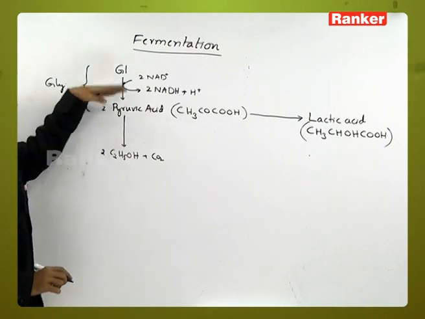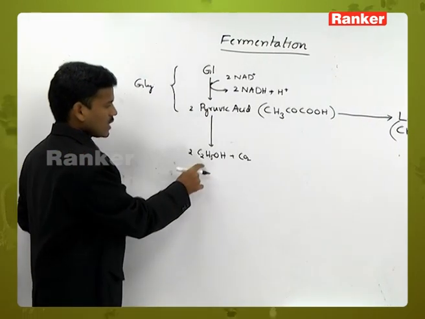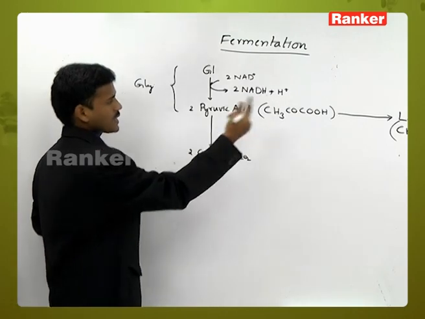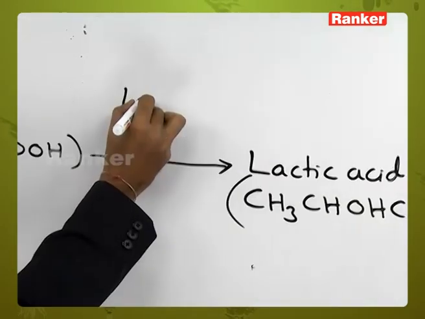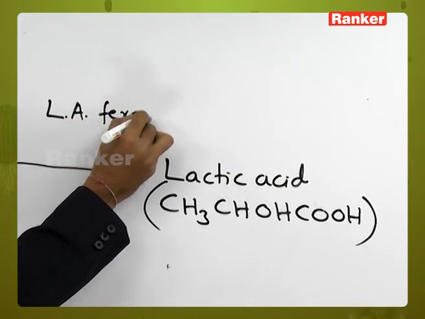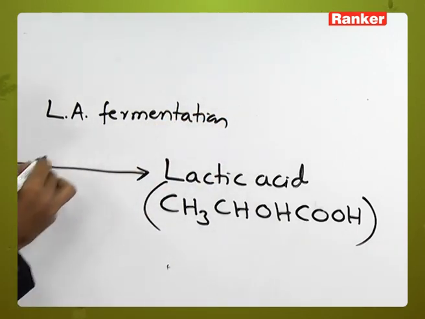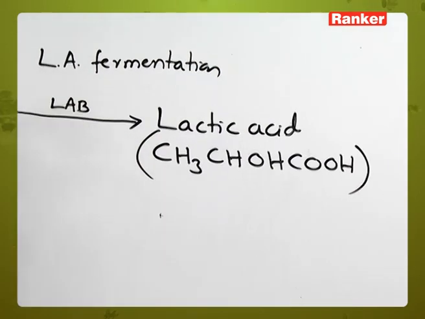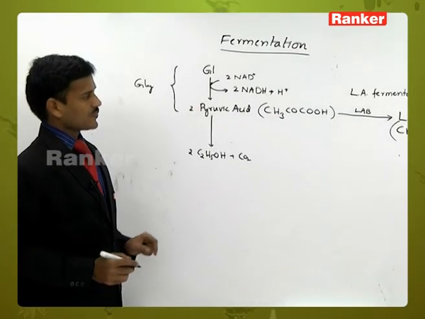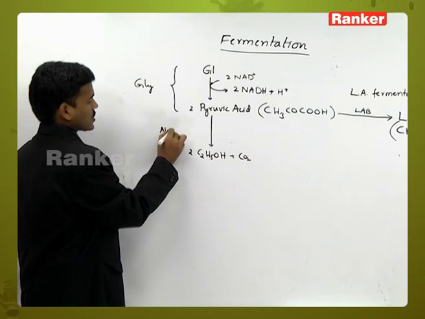Glucose is converting into pyruvic acid. It is common glycolysis. This is alcoholic fermentation, and this is lactic acid fermentation. In lactic acid fermentation, lactic acid bacteria are involved.